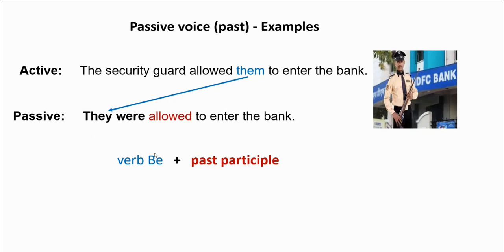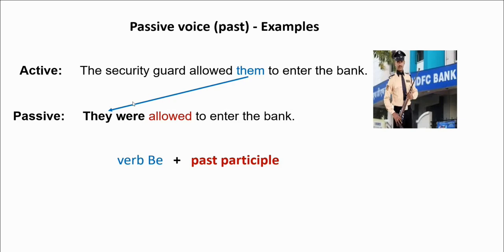And again, this is a past participle. This is a past simple. But this is a past participle. This is a past participle in the passive. They are the same.